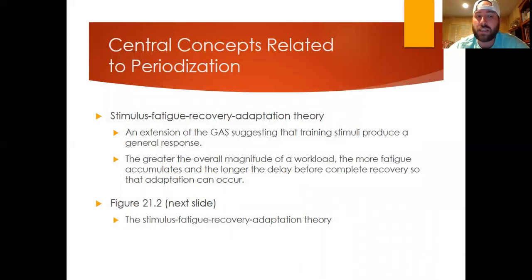So we have the stimulus, fatigue, recovery, adaptation theory, an extension of the general adaptation syndrome, suggesting that the training stimuli produces a general response. Well, yeah, the greater the overall magnitude of a workout, the more fatigue accumulates and the longer the delay before complete recovery occurs so that adaptation can occur.